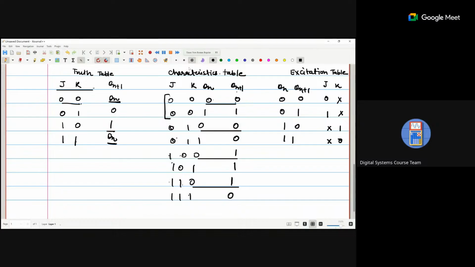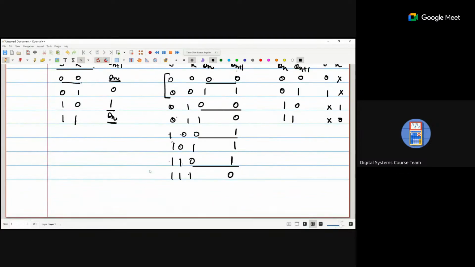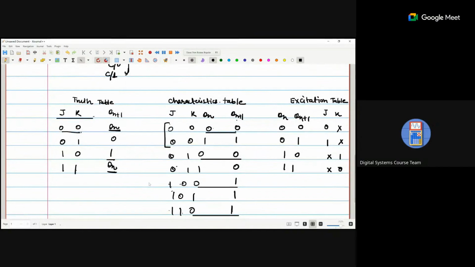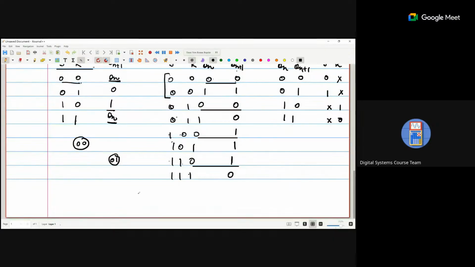Now we have four conditions: 0 0, 0 1, 1 0 and 1 1. We have four states defined.